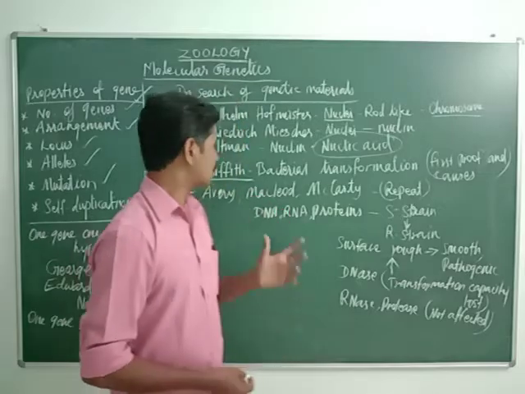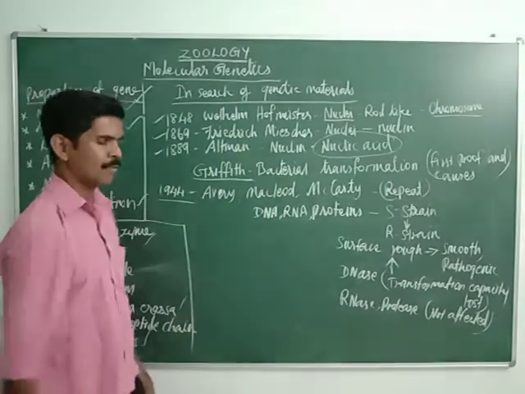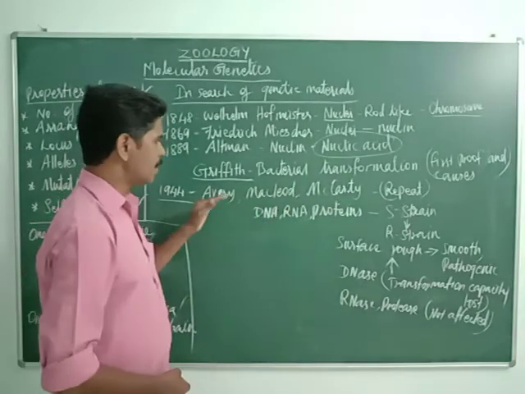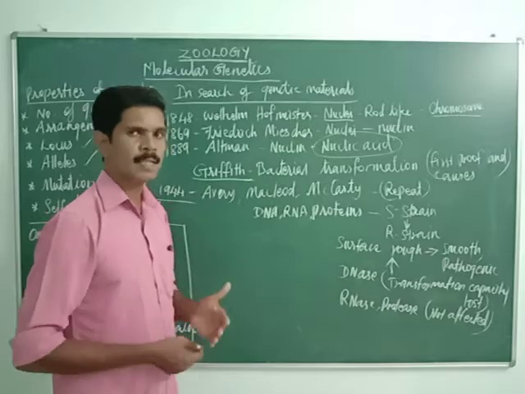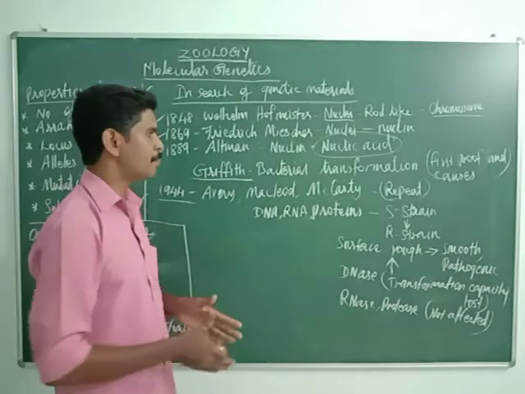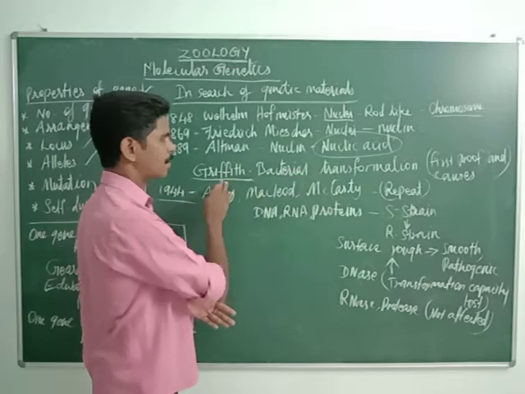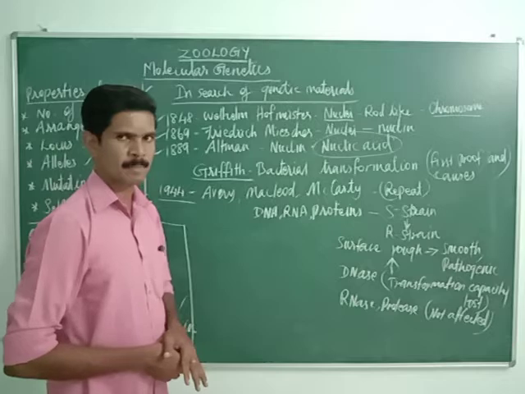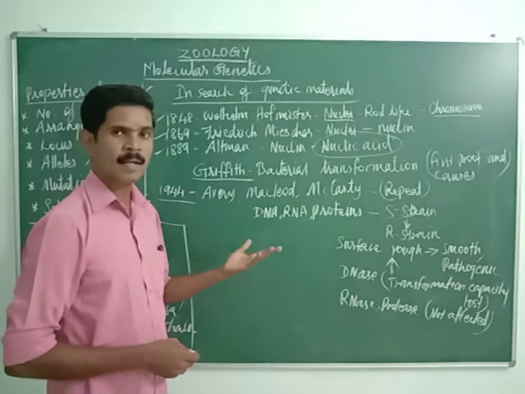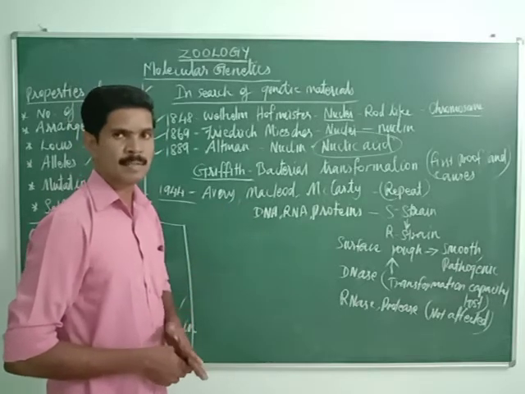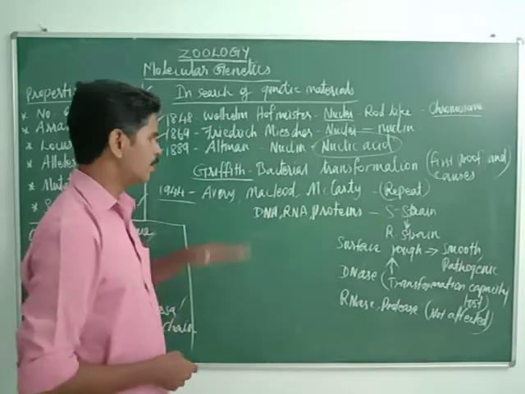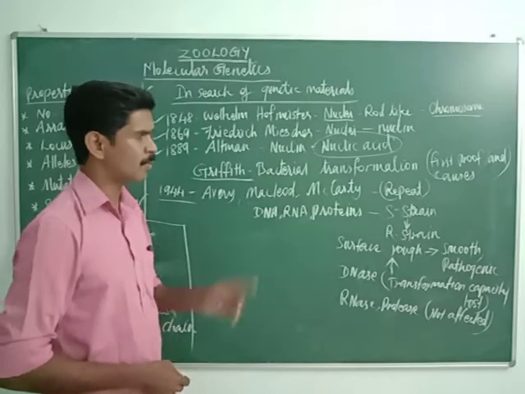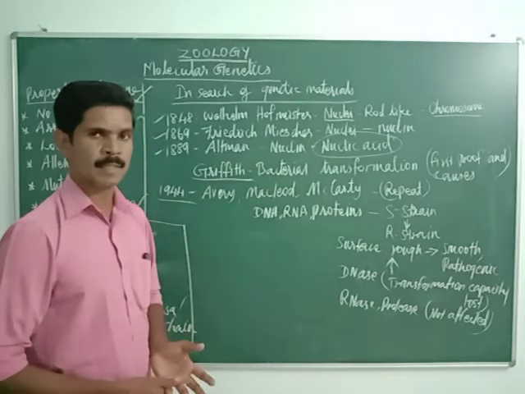So some other scientists in the year of 1944, Avery, MacLeod and McCarty, these three people together repeated the same bacterial transformation experiment of Griffith, to prove that DNA is the genetic material.